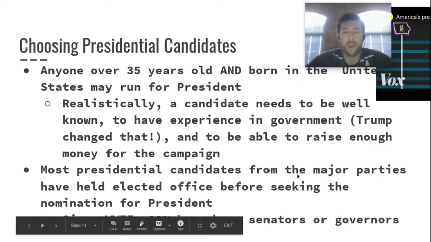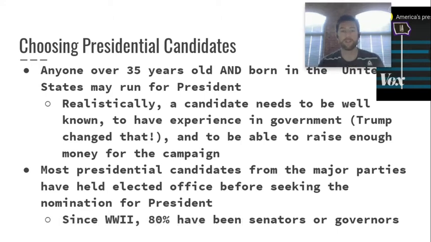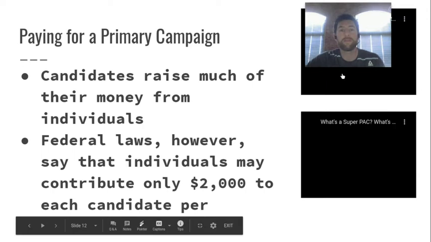Most presidential candidates from the major parties have held elected office before seeking the nomination. 80% of presidential candidates and winners have been senators or governors, meaning that if you want to run for president, you probably should have an extensive background in politics. It strengthens your case.